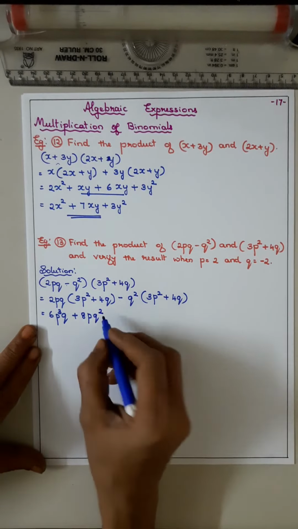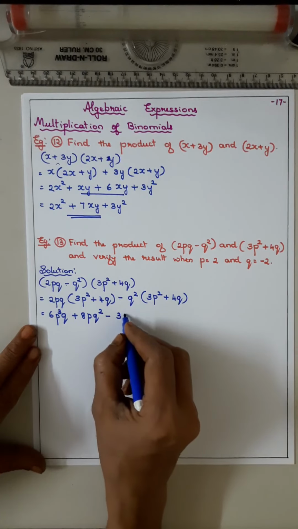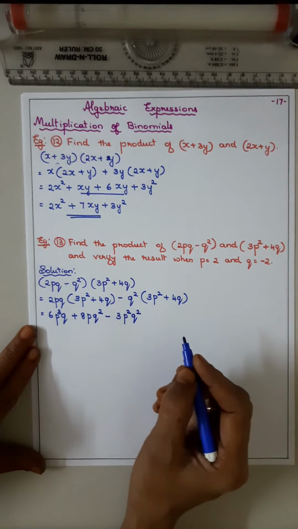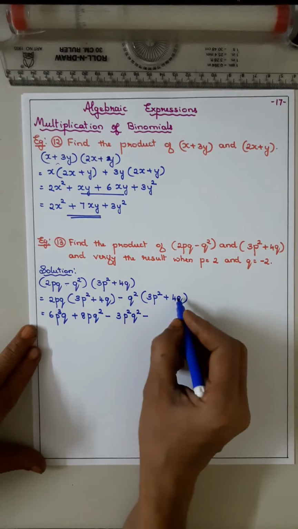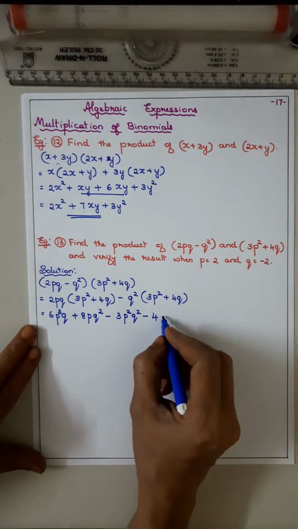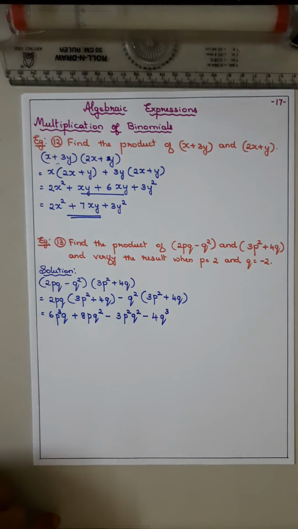Now minus, plus, minus, 1 3s are 3, p squared and q squared. Now minus, plus, minus, 1 4s are 4, q squared and q means q cube. Isn't it? You can add the powers, otherwise count.